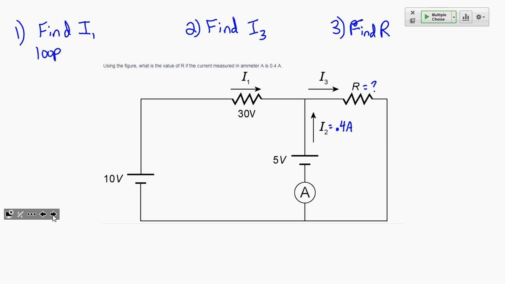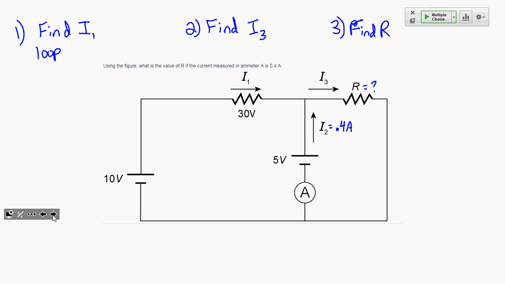Which loop are you going to use to find I1? The left loop, the right loop, or the big loop? You're going to use the left loop. The left loop is the easiest one to find I1. You could also potentially use the big loop, but it's more complicated because you don't know what R is. Or you don't know what I3 is.